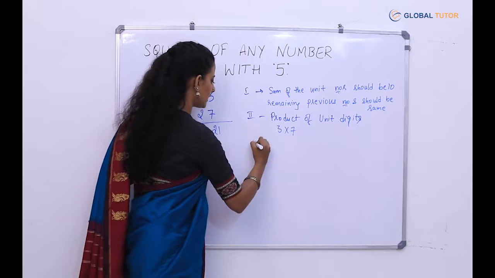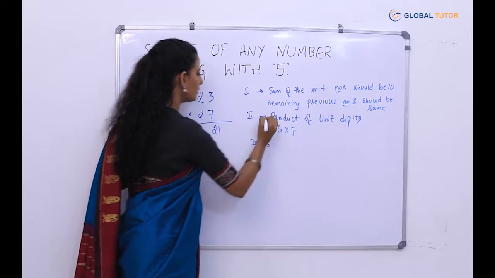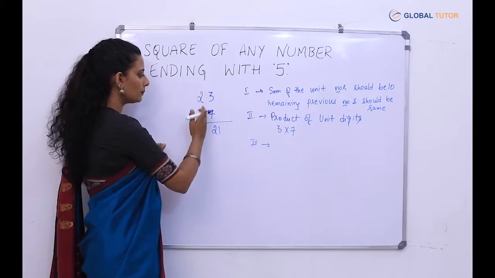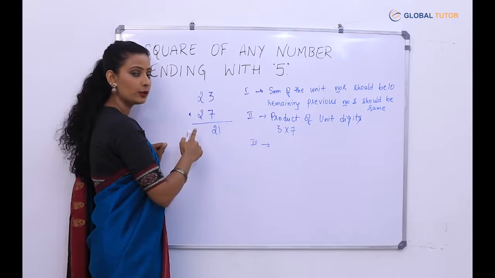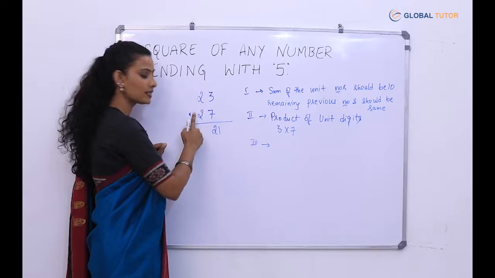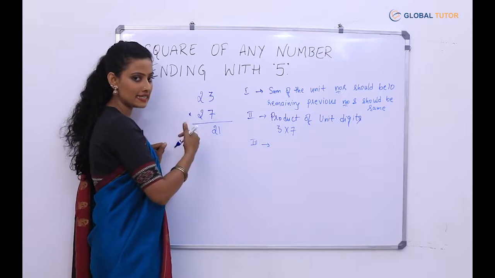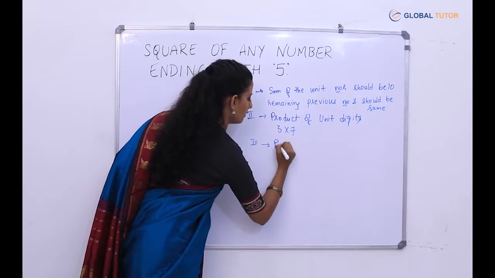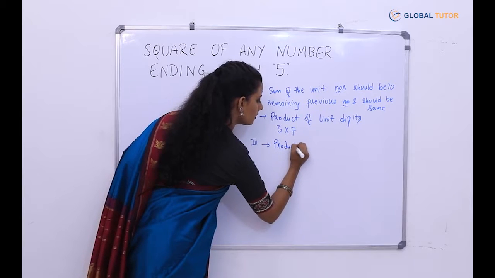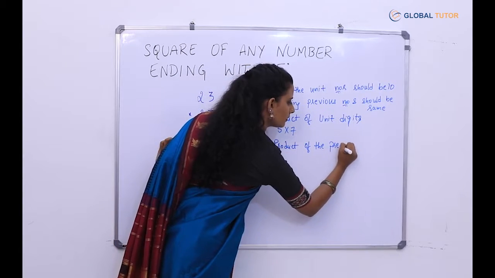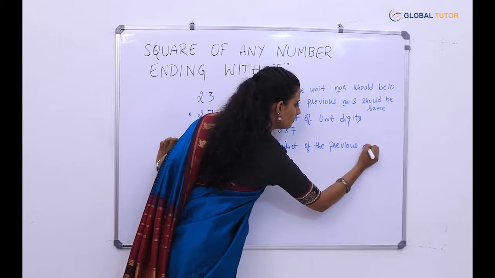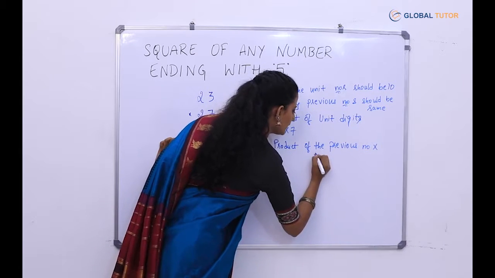Now the third step. The third step is whatever the previous number you have. It is basically the same number. So it will be the product of the previous number into its next number.